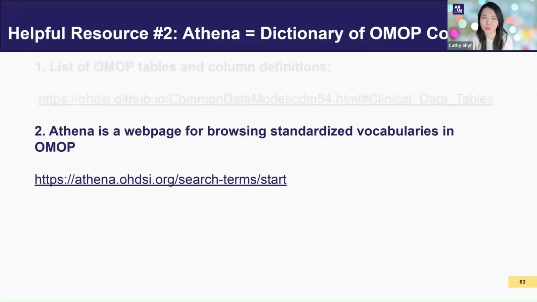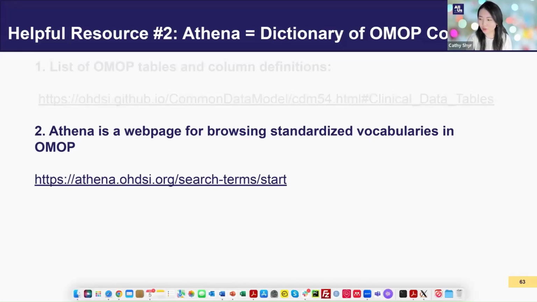So let's get a little bit of practice with this. I want to introduce a helpful resource called Athena, which is a dictionary of all of the OMOP standard vocabularies. Go ahead and open up a browser and navigate to this page here. I'll put this in the chat as well.